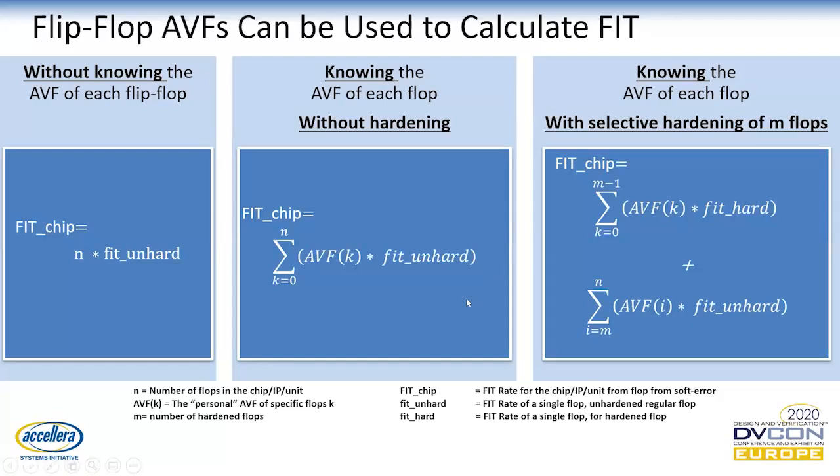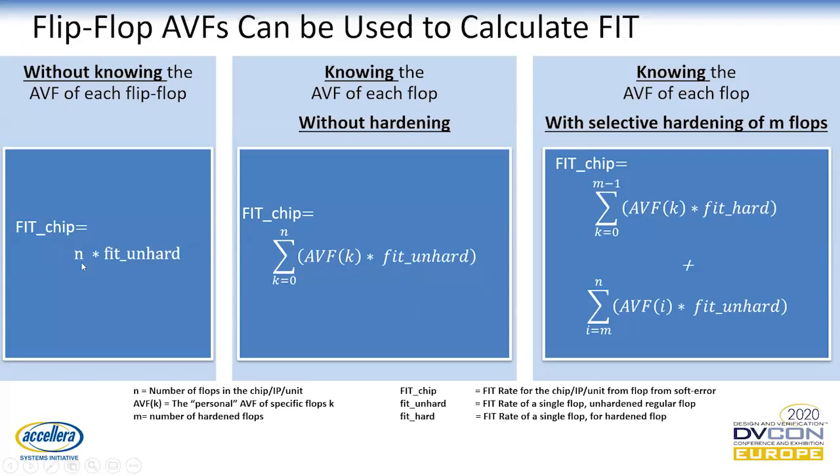So you can calculate the AVF, but you have not started the hardening or replacing the flops with the hardened flip flops. So this is a simple calculation by just calculating AVF for each flip flop. So the fit rate of the chip will be the AVF for each flip flop and the fit rate of the unhardened flip flop.